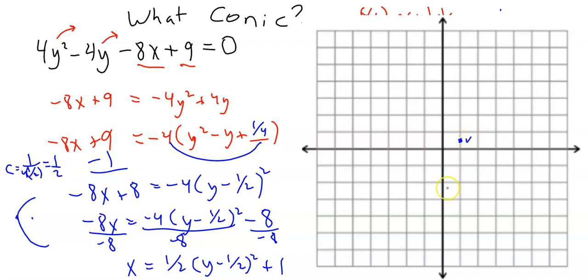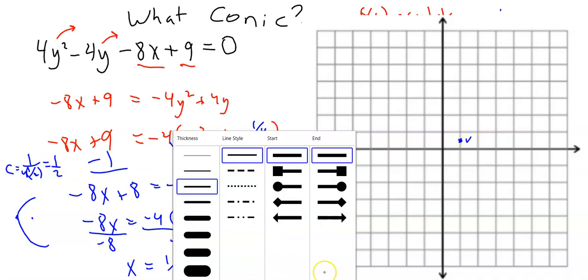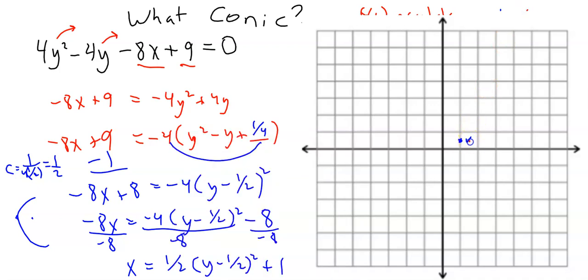So go 1/2 unit to the right, which is right about there. 1/2 unit to the left is my vertical asymptote at x equals 1/2. And I'll go twice that distance, so twice 1/2 is 1, so I'll go 1 unit up, 1 unit down, make my points, and then draw my parabola.